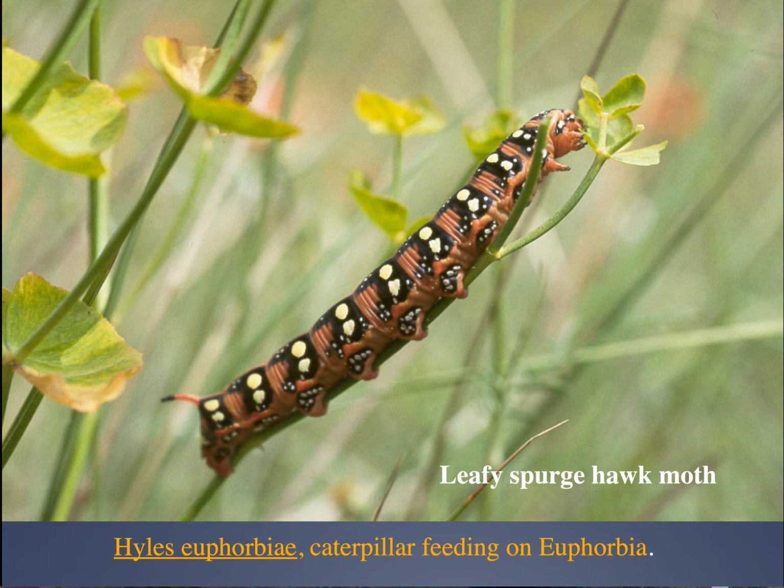So here's a caterpillar, leafy spurge hawk moth, it says. And what this caterpillar is doing is advertising with orange that it's pretty toxic. And we think orange and red are colors that predators tend to remember. So they're very frequently used to warn that they're a bad dude.